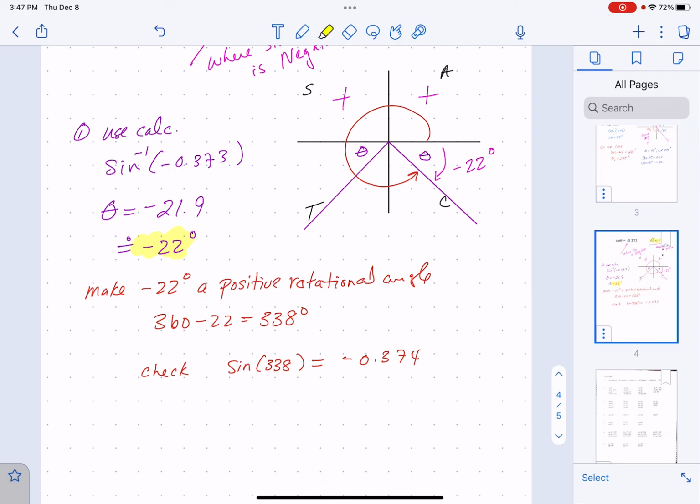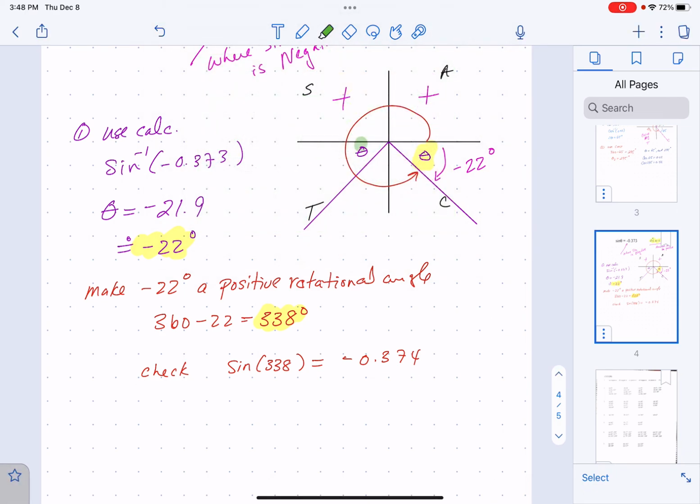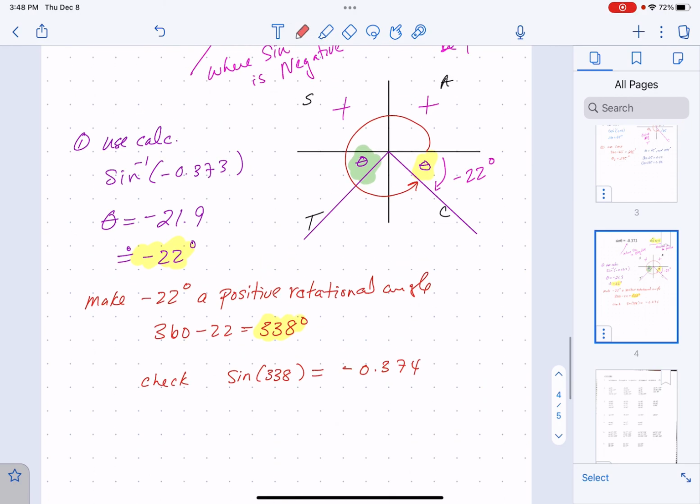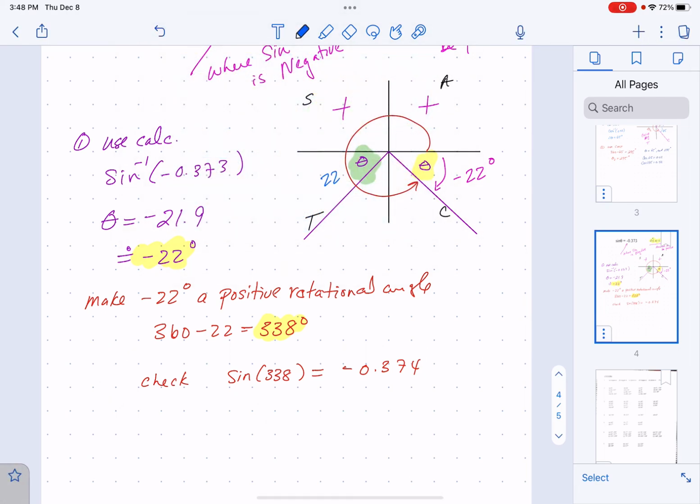Like I said, we've got this one. And it was originally named negatively, and we changed its name to be 338. We now have to go after the other answer. That's the other answer. And to do that, we're going to know that this has a rotational angle in here of 22 degrees, because this angle and this angle are both related acute angles, which means that my other rotational angle will be all the way around to there.